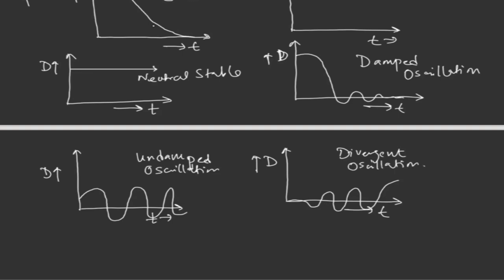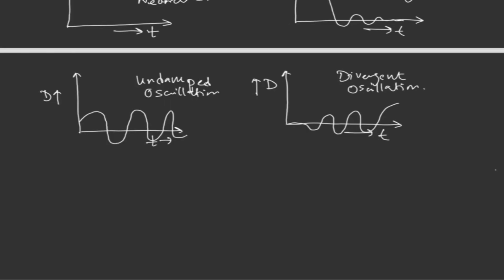So this is how we can see how dynamic stability occurs in a system. In this course, we'll mostly be talking about the dynamic stability of a system over time, and this is a very important part of designing the autopilot of a vehicle.